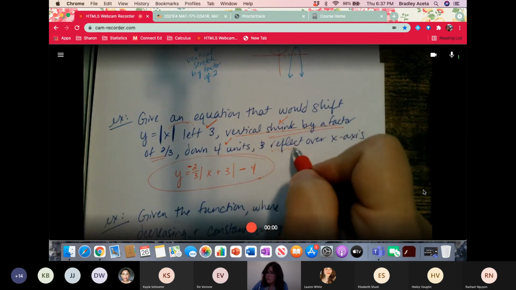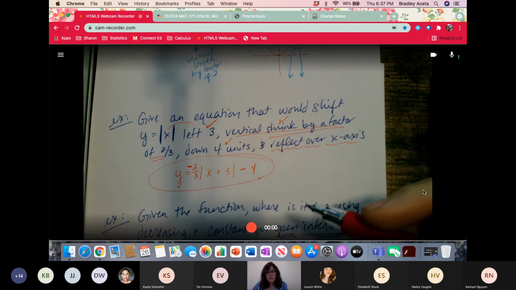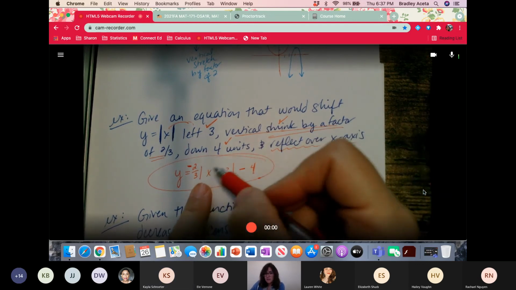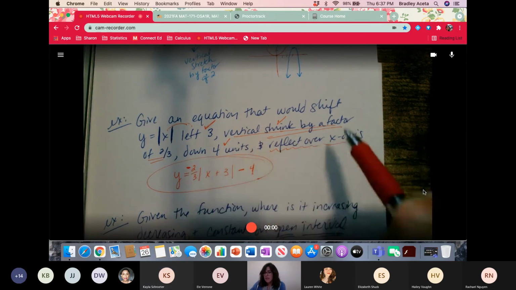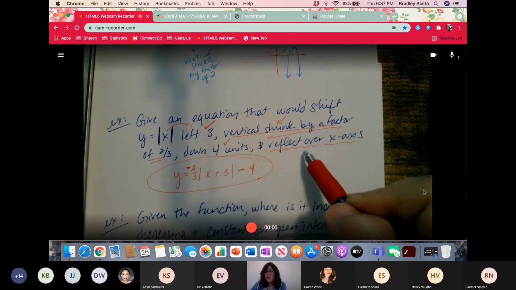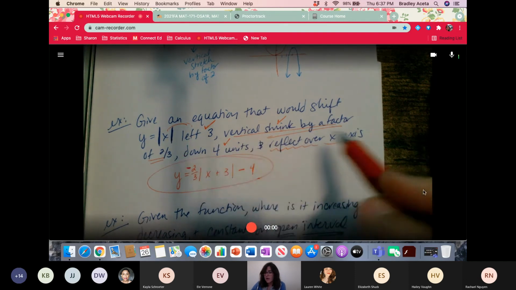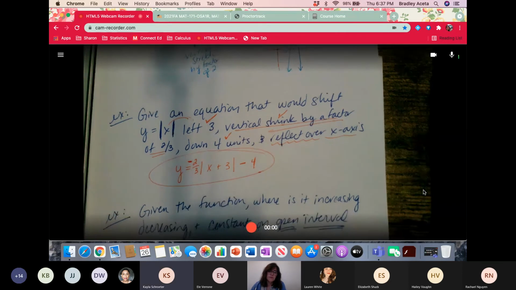Whenever you have a reflection, reflection is going to be a negative. It just depends. The negative is either going to be inside of the parentheses, like next to x, or it would be on the outside. If it's reflecting over the x, it's on the outside. If it was reflecting over the y, it'd be on the inside. Okay, thank you. You're welcome.